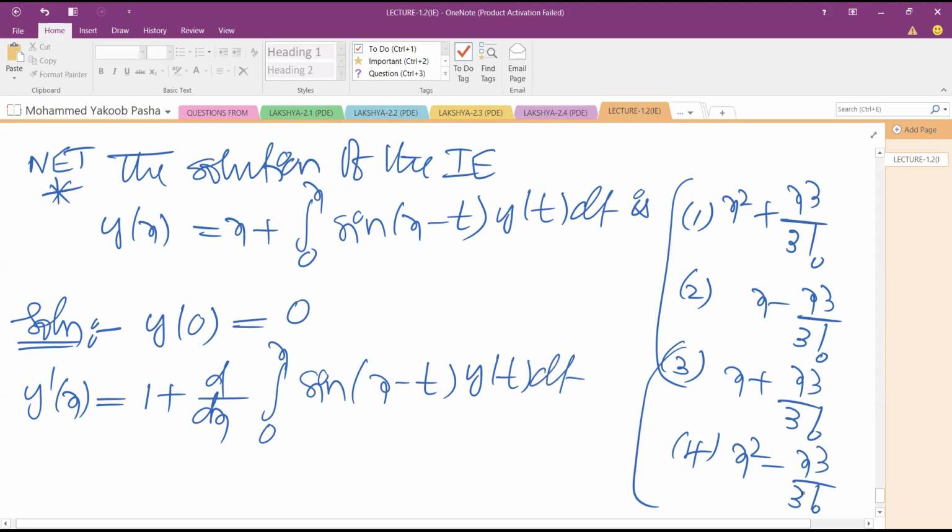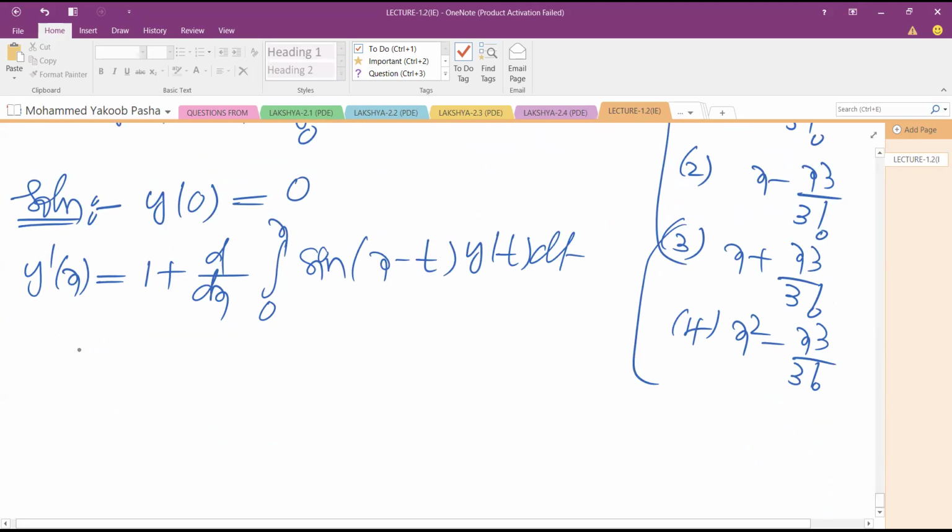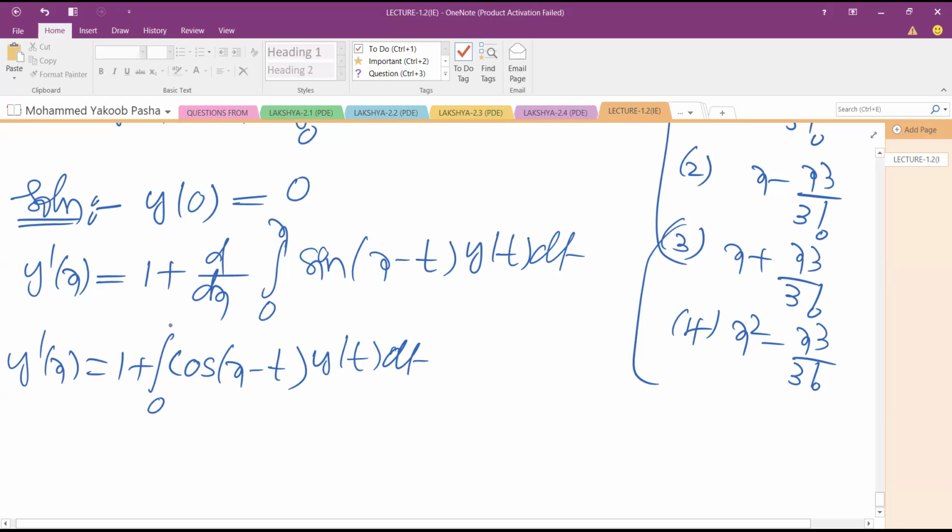That means y dash of x is equal to 1 plus, now use the formula, partial f by partial x, differentiate with respect to x partially. That becomes cos(x minus t) y of t dt, integration 0 to x.